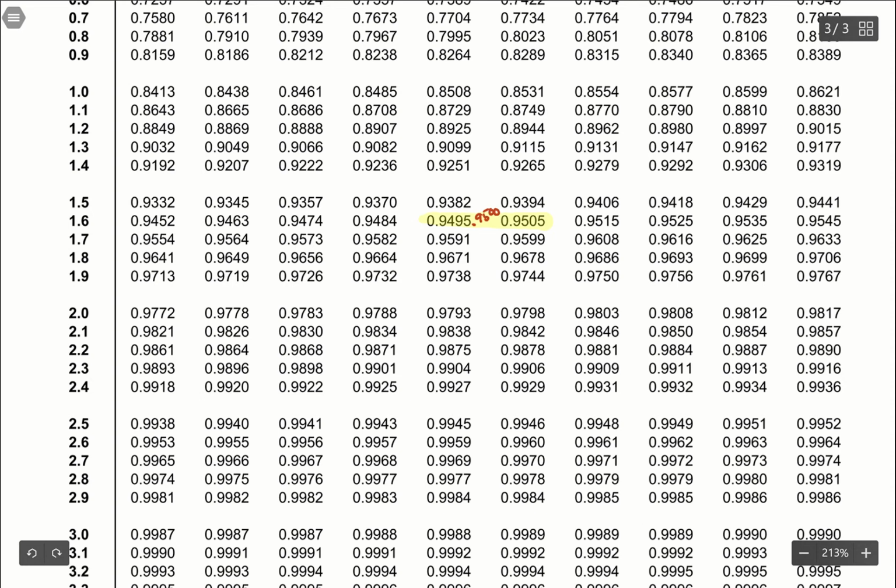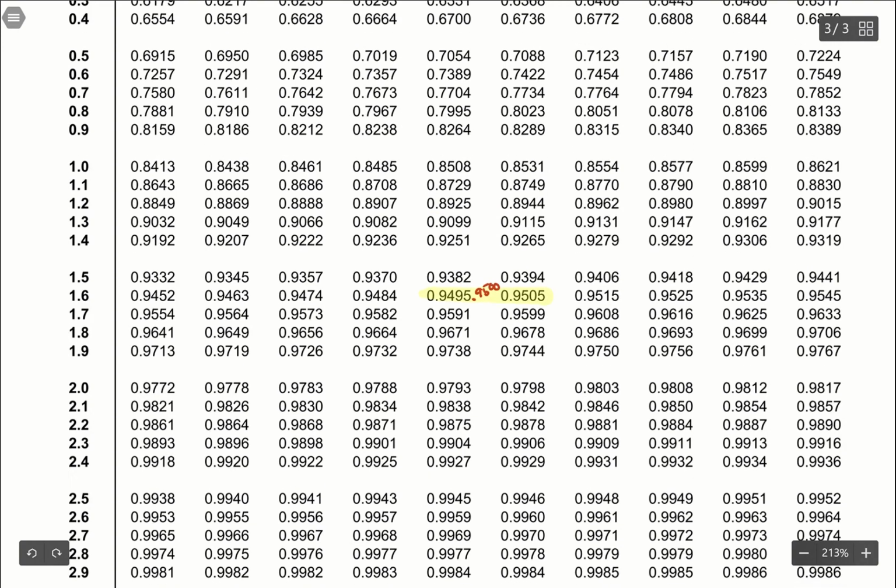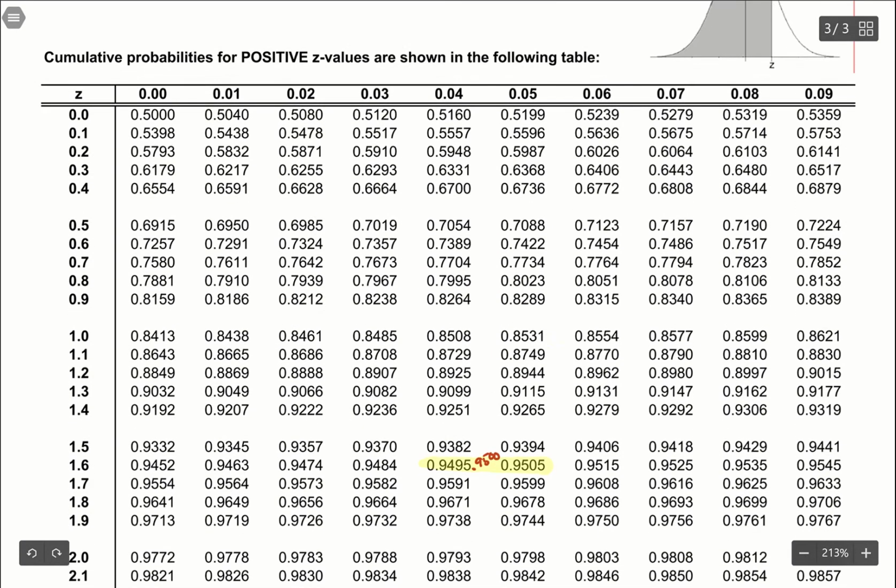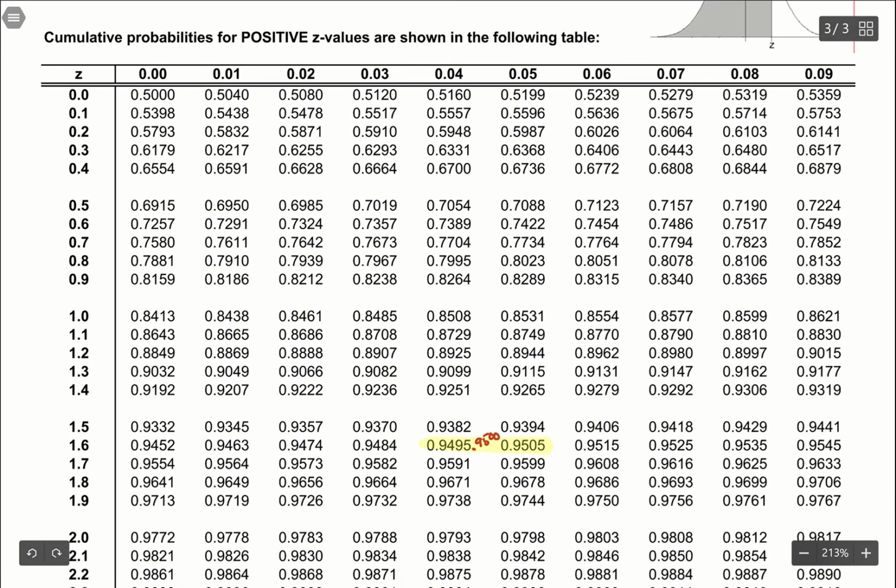They're going to be equidistant from each other. So what I have is this kind of competition between two z-scores. It's like that first one is this 1.64 that's making that 0.9495, and it's competing with the 1.65 with that 0.9505.